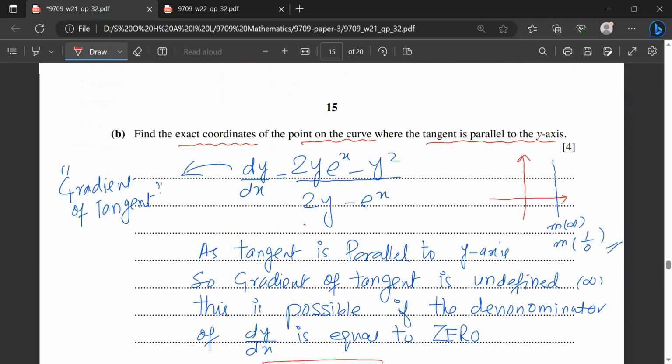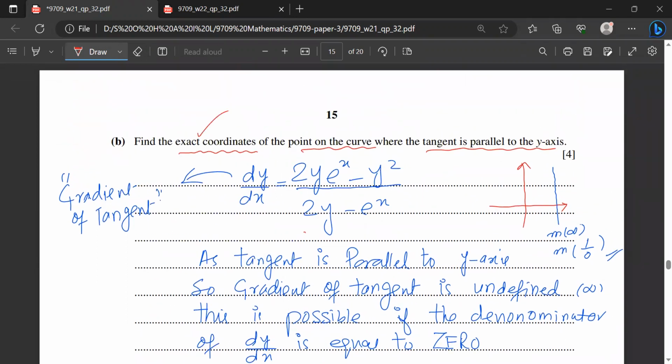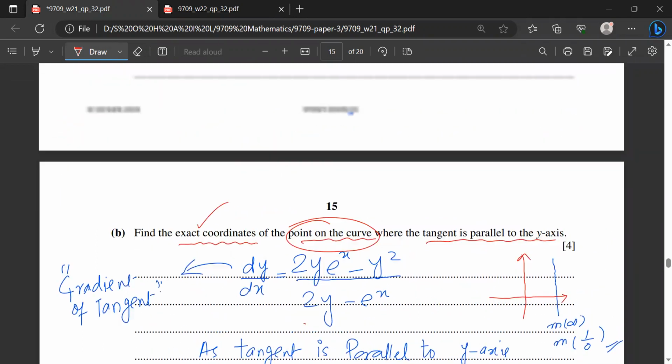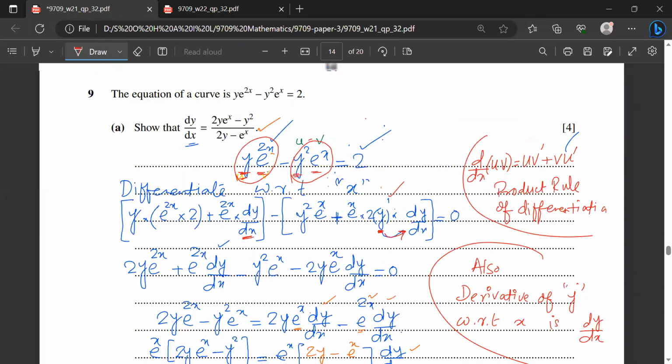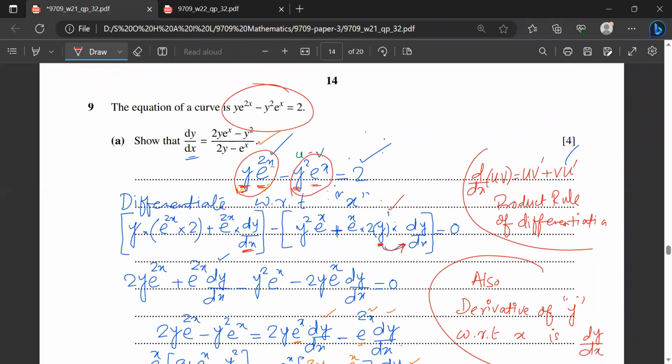Now, the question is find the exact coordinates of the point on the curve, and this is the curve: y e power 2x, this whole thing is the curve.